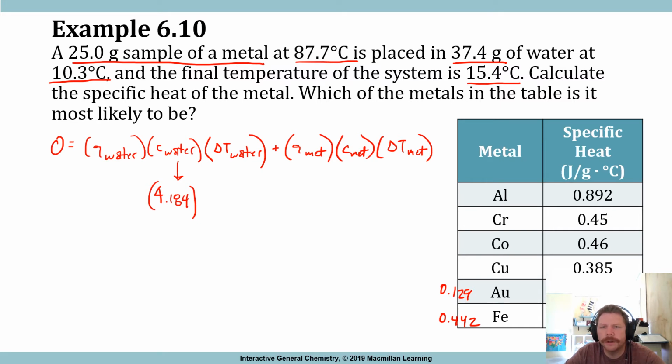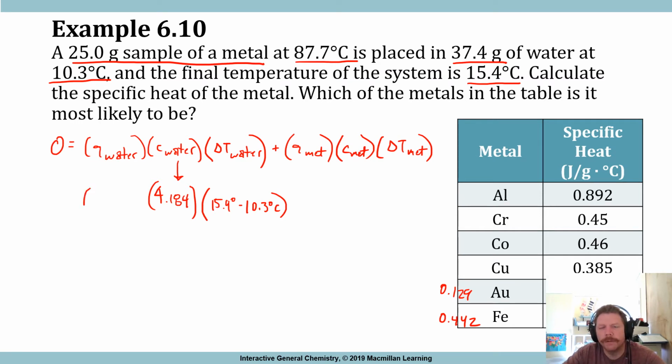We know that the temperature of our water, what happened to it? What we want to do is look at our final, which is 15.4 degrees Celsius, minus our initial temperature of our water, which is 10.3 degrees Celsius. Final minus initial is going to be our temperature change of our water.